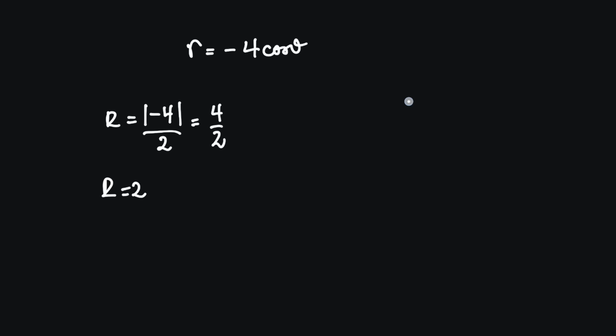Let me graph my polar grid here. We know that since it's negative, and we're talking about cosine, it's going to be graphed on the left side. And it's going to pass through the pole. So if the radius is 2, the diameter is going to be 4.